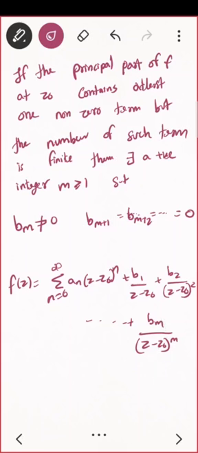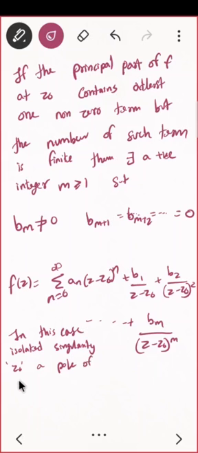Then in this case, the isolated singularity z naught is called a pole of order m.